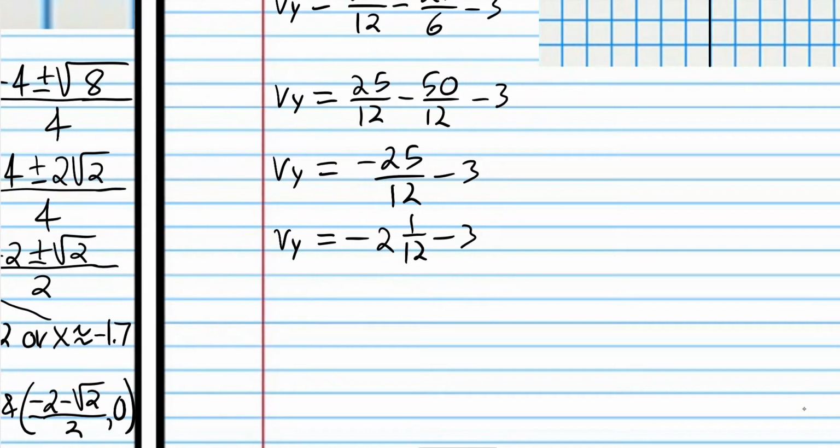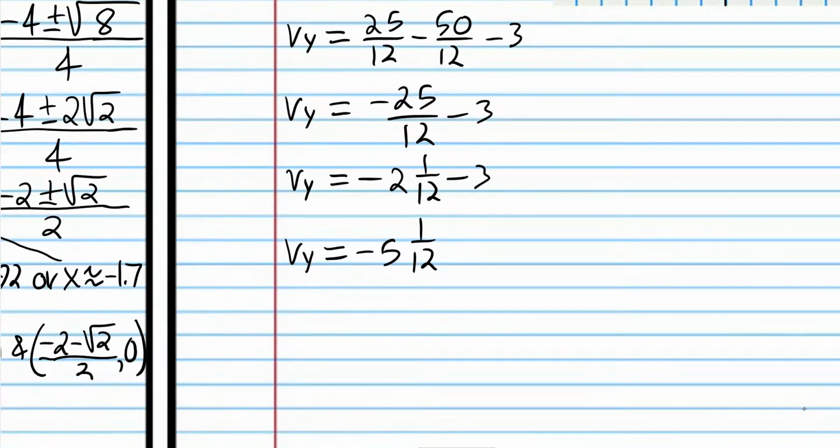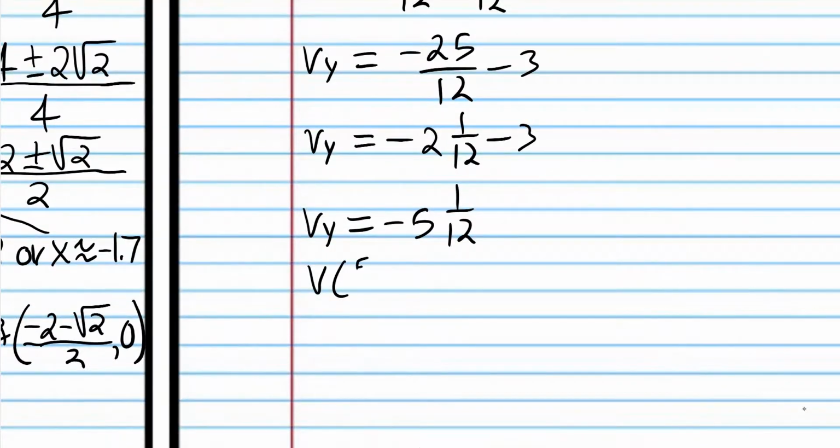Combining those, we get negative 5 and 1/12. I know these fractions are very tedious, but you're just going to have to deal with them. So the vertex is 5/6 and negative 5 and 1/12.